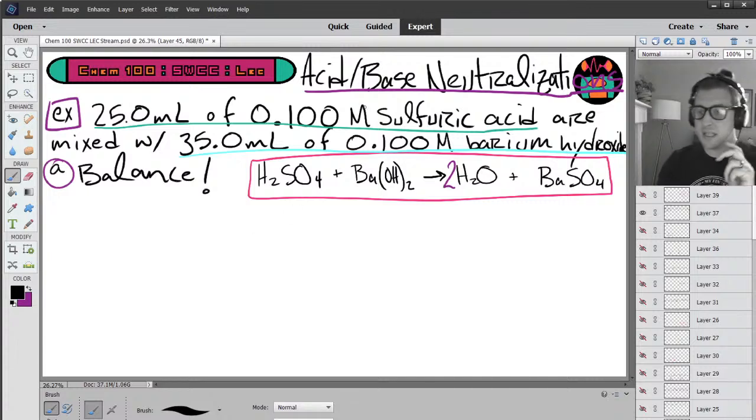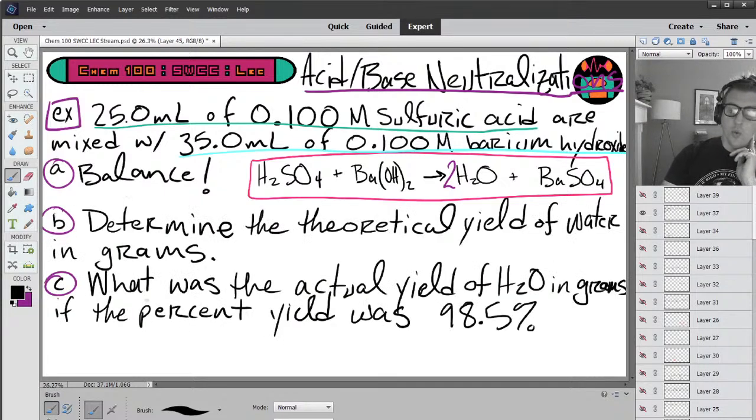Part C, let's see. What is the actual yield of water in grams if the percent yield is 98.5?